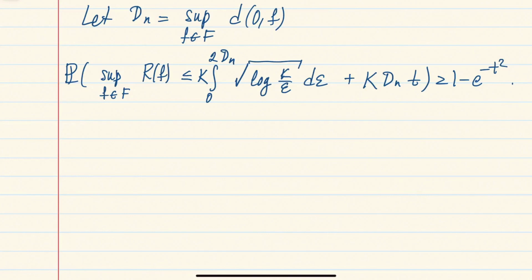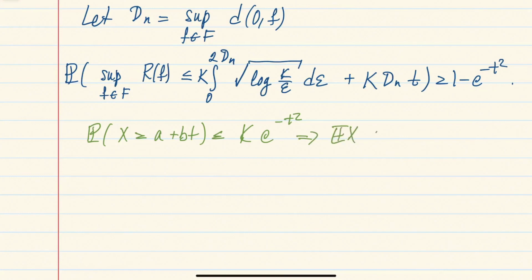And the last step, it's a one-line calculation, which I'm going to omit. It's an exercise, or you can just check in the notes that if the probability that the random variable is bigger than a plus bt is less than some constant times e to the minus t squared, then you can bound the expectation of x by some constant times a plus b.